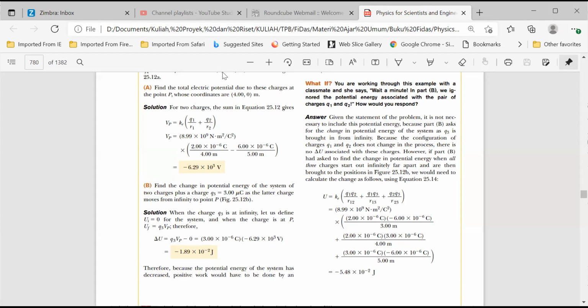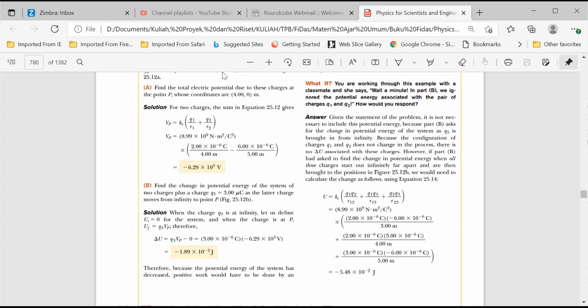If we include the test charge, it should be the change in the potential energy, delta U equals Q3 times delta V. So delta V here is minus 6.29 times 10 to the 3, and the test charge is 3 times 10 to the minus 6 coulomb.